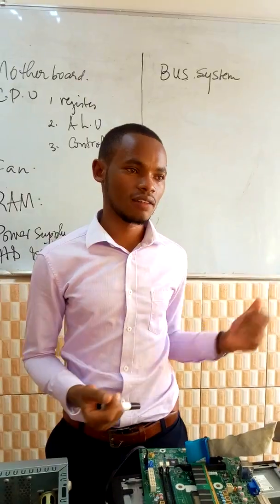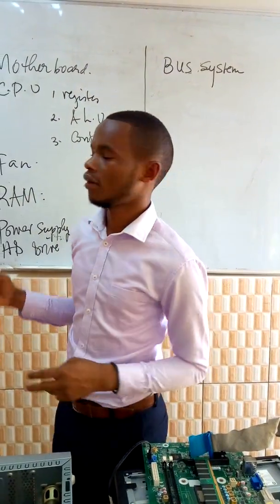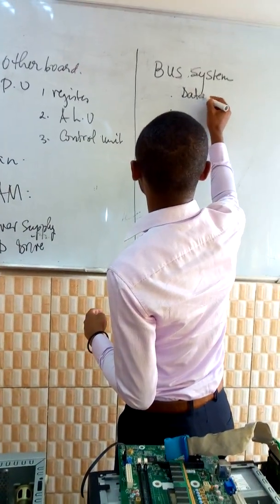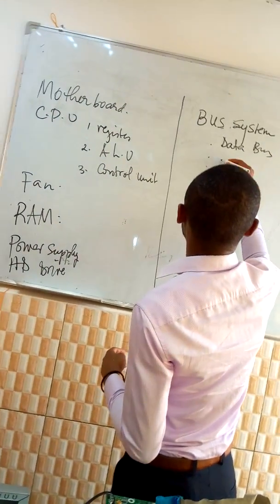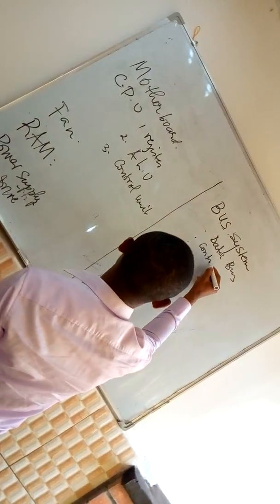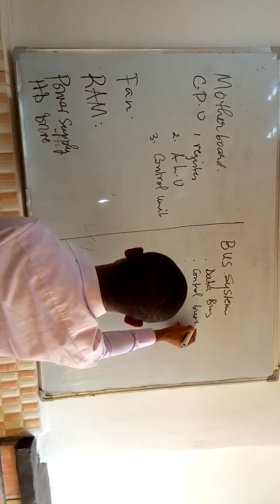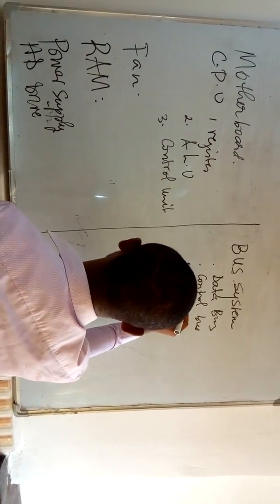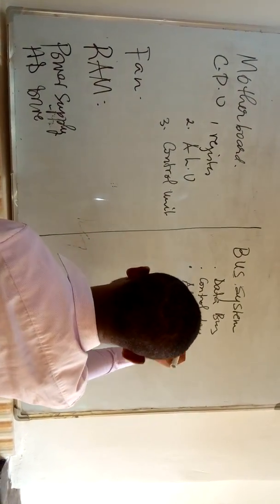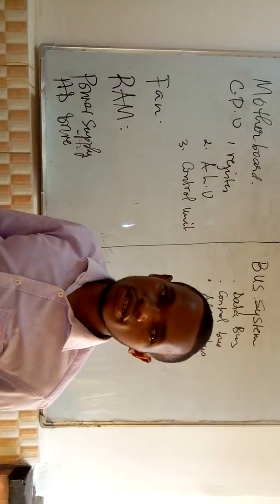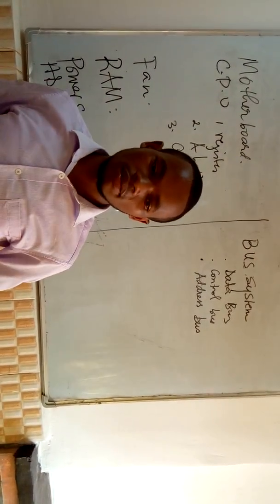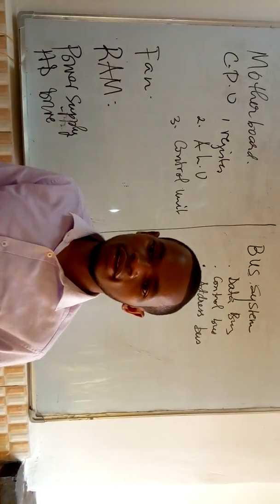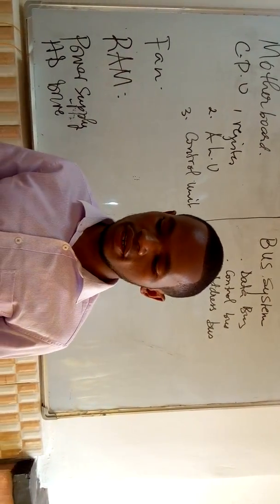The bus system has three main parts: number one is the data bus, then the control bus and the address bus. The data bus is responsible for carrying data from source to destination.